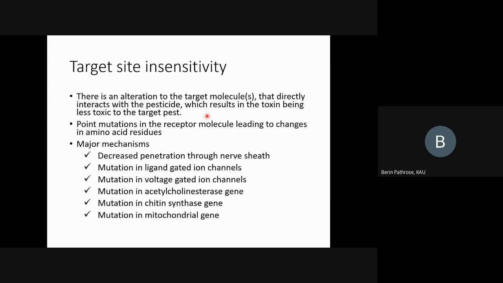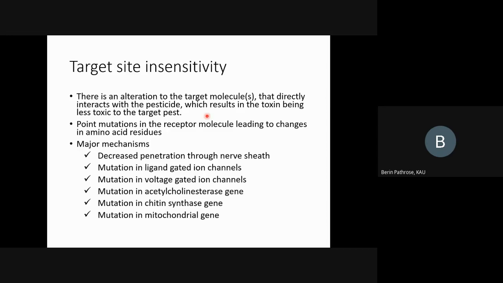So how does that insensitivity happen? We told you earlier that all these receptors, whatever be the receptor molecules, they are proteins. And for any molecule to bind to that protein, we discussed the lock and key hypothesis. They have to perfectly match.